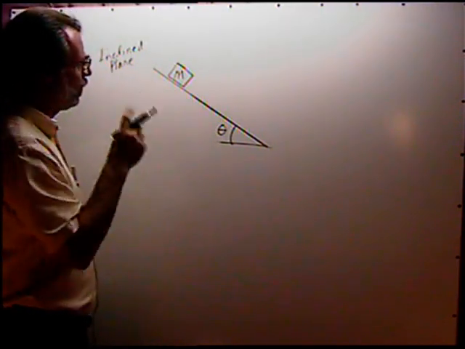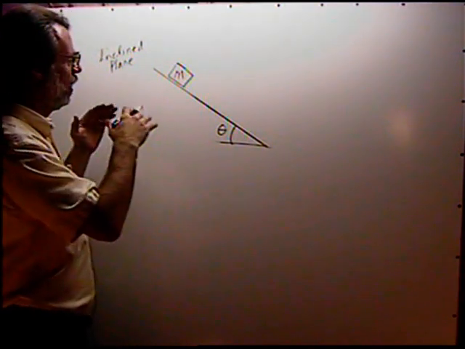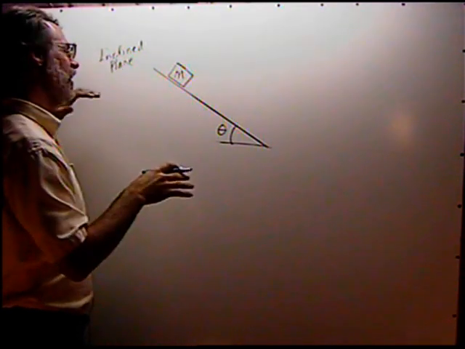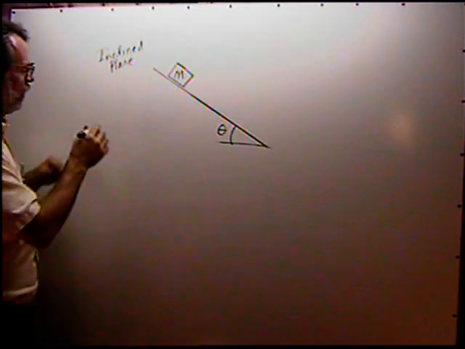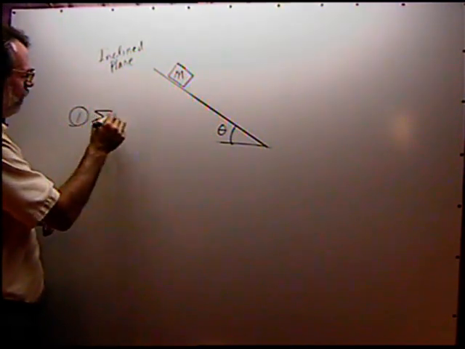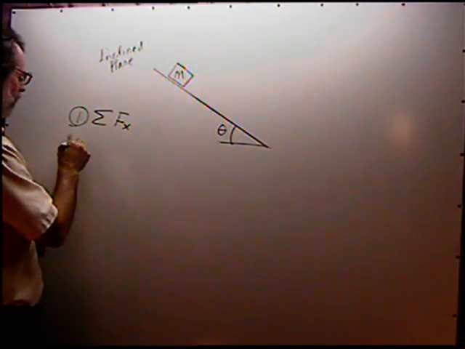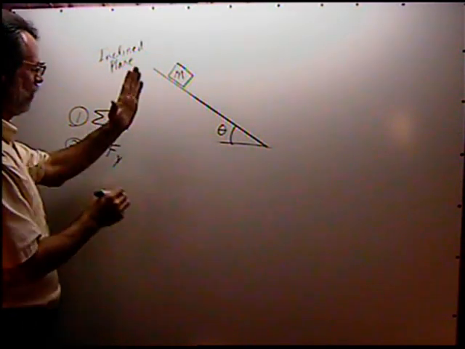Okay, again, we break things up into two sets of x and y problems, horizontal and vertical. Normally we would look at the sum of the forces in the x dimension and then the sum of the forces in the y dimension.